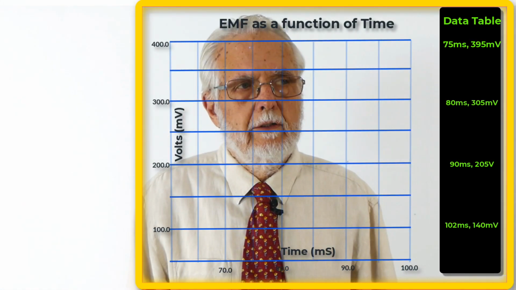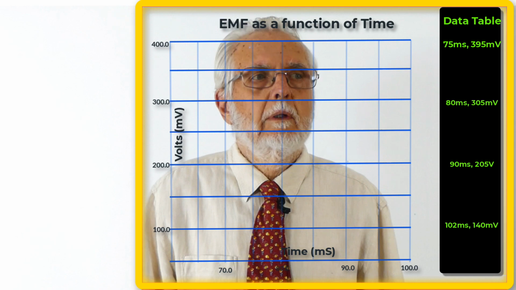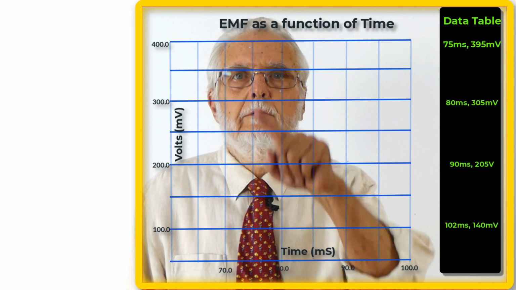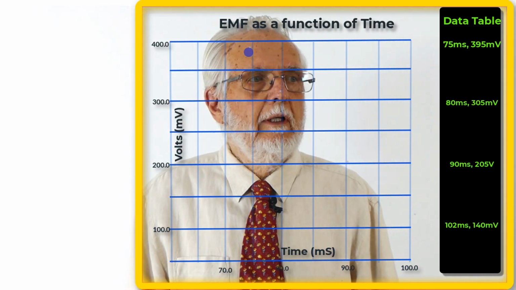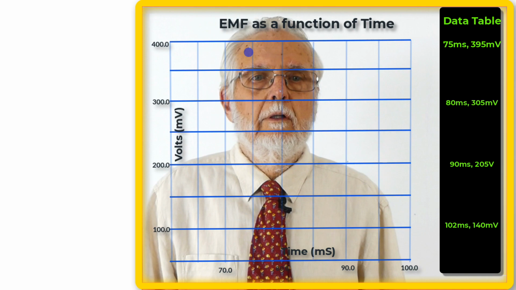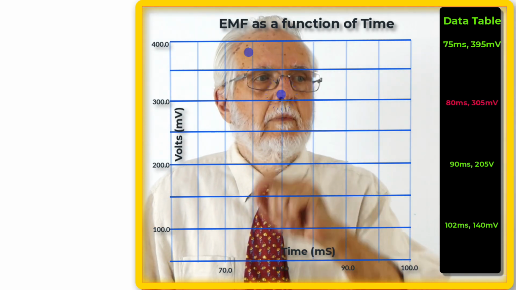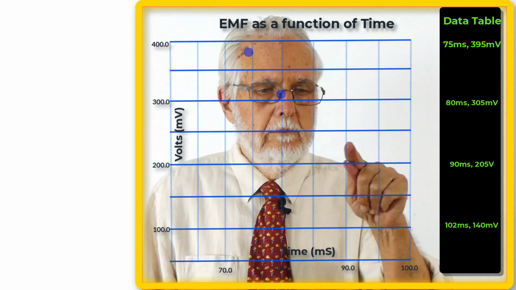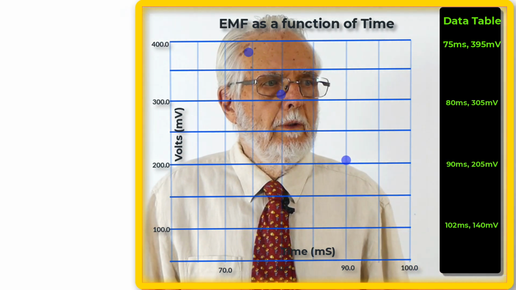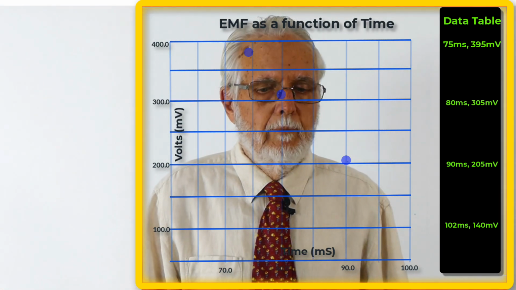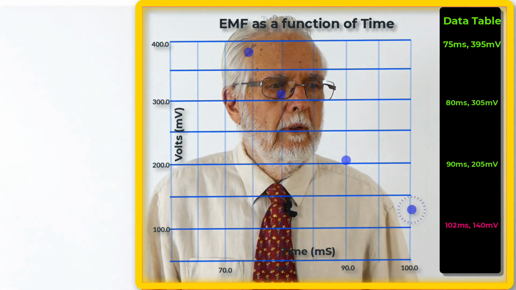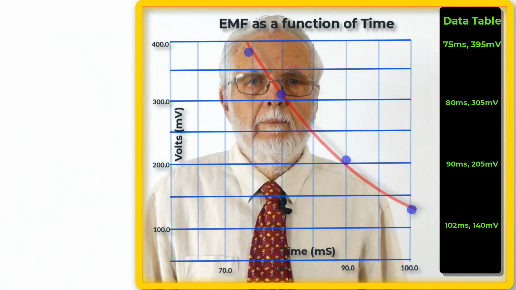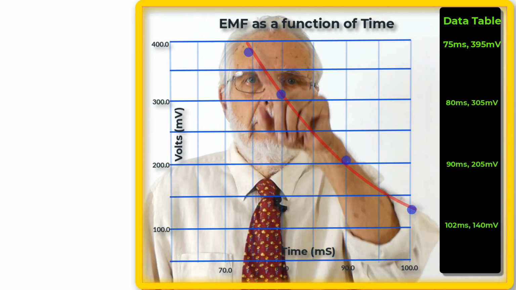Now we can turn the data table into a graph. We have 75 milliseconds and 395 millivolts, 80 milliseconds and 305 millivolts, 90 milliseconds and 205 millivolts, 102 milliseconds and 140 millivolts. Looking at the graph, it's obvious that the less time the magnet spends in the coil, the greater the voltage.